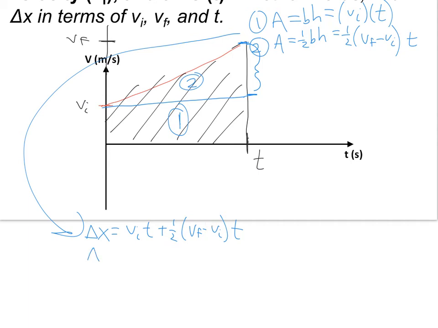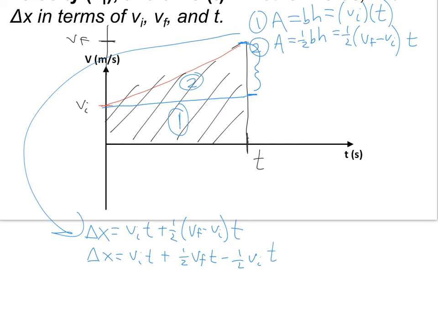I'm going to go ahead and multiply out that term to simplify it a little bit. So what we're left with here is delta x is equal to VIt plus 1/2 VFt, again multiplying the 1/2 times VF times t, and then also the 1/2 times VI times t, so minus 1/2 VIt.